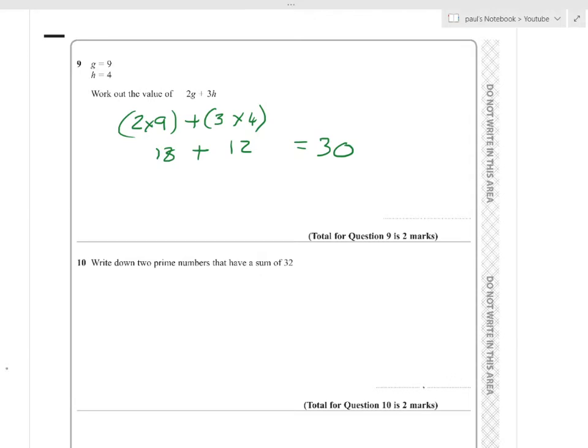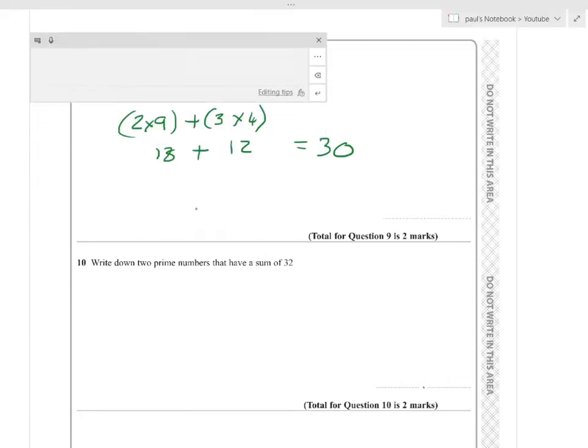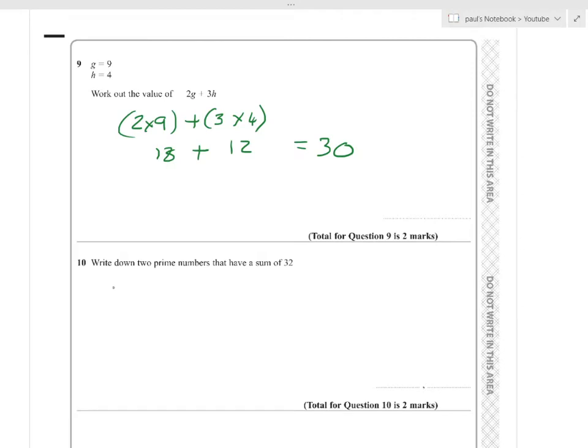Okay, write down two prime numbers that have a sum of 32. Right, so let's list some prime numbers here. Prime numbers are 2, 3, 5, 7, 11, 13. Well, I need bigger numbers than this to make 32. 17.